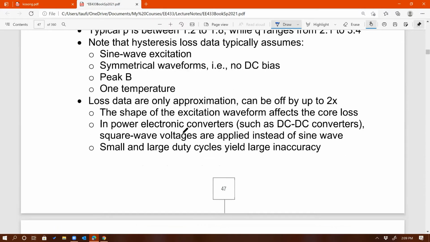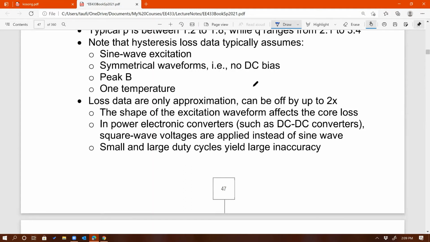Loss data are only an approximation, and can be off by up to 2 times, depending on what kind of excitation you apply to these magnetic components. Ideally, you want to apply sine wave, but that's not always the case. If you've taken power electronics before, you know that in power electronics we have all kinds of waveform shapes.